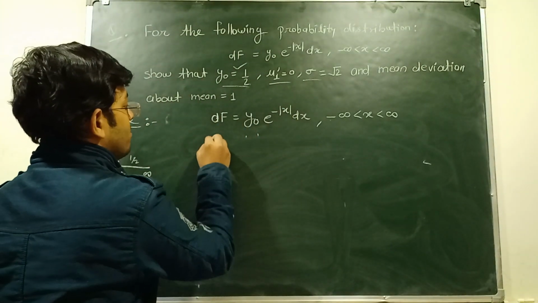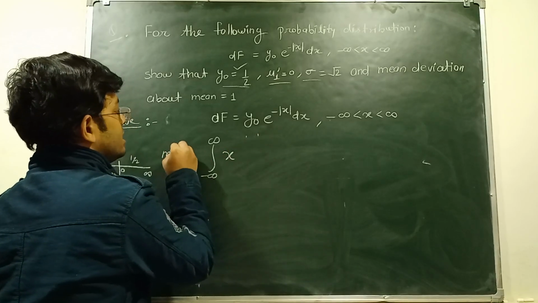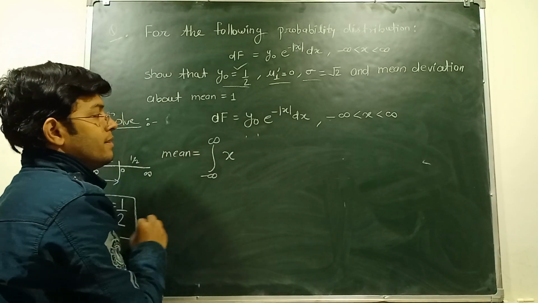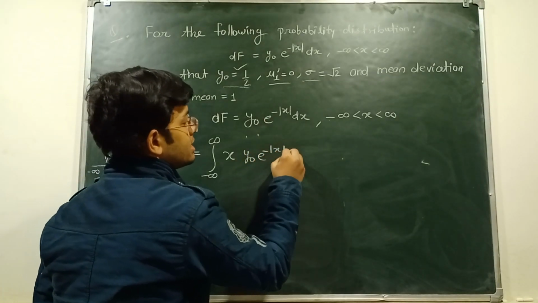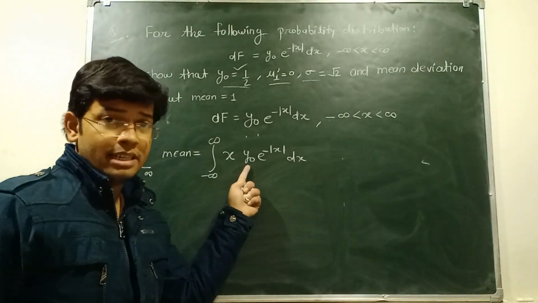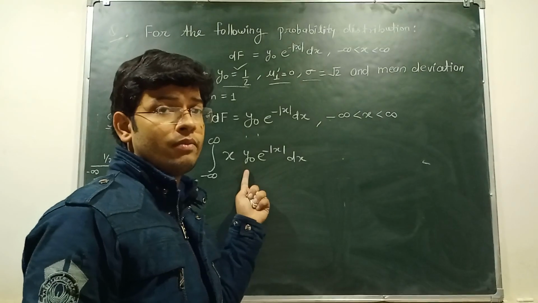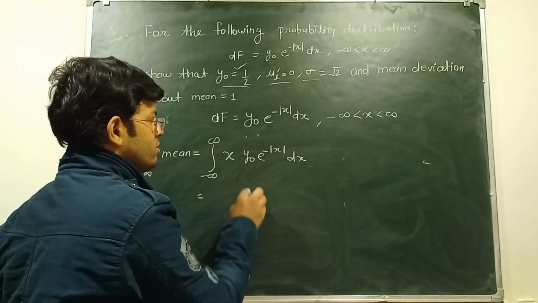So we have to write the integral from minus infinite to infinite of x f(x). This is the case of mean, and f(x) value is y0 e to the power minus mod x dx. So y0 is a constant, so we put the value outside the integral sign.